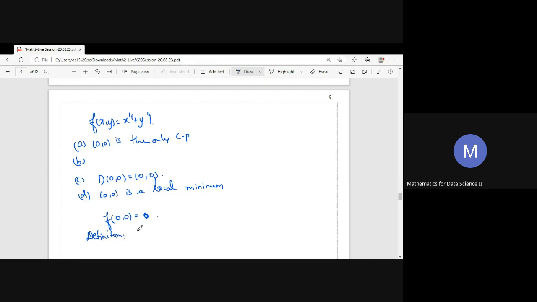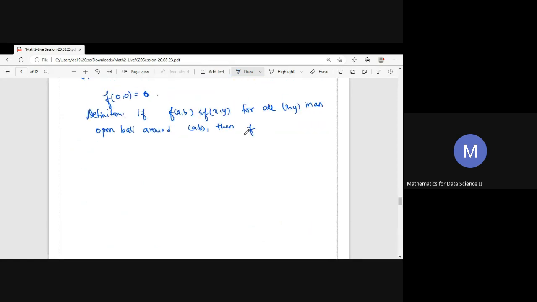The definition says that if f of a comma b is less than or equal to f of x comma y for all x comma y in an open ball around a comma b, then f of a comma b is the local minimum. This is the definition, right?